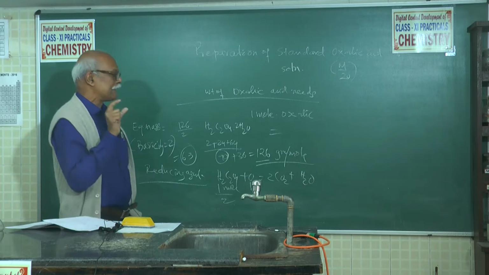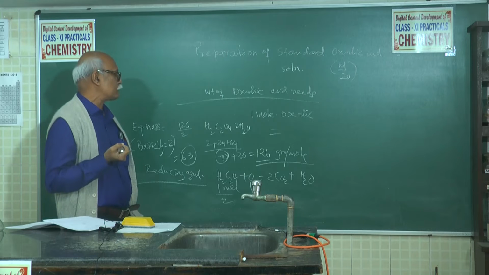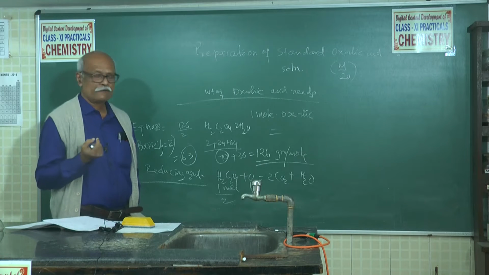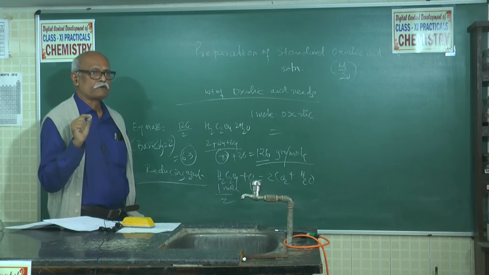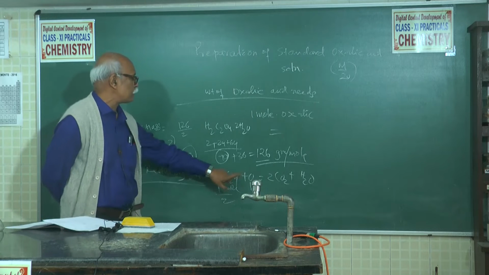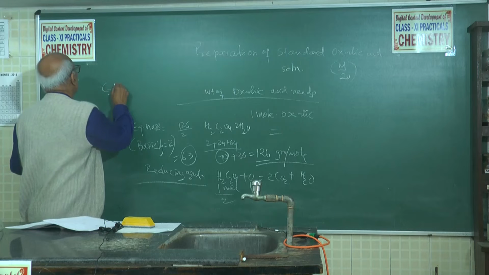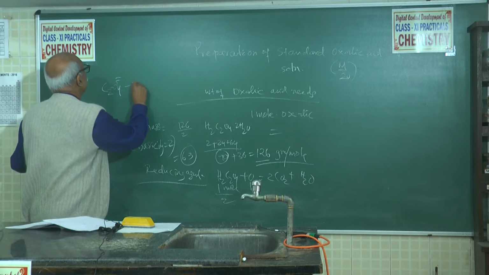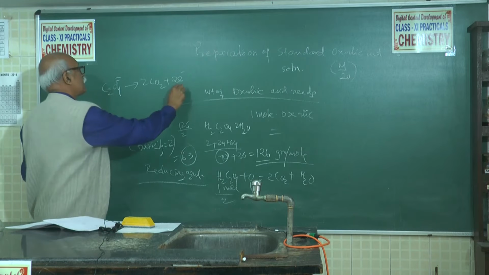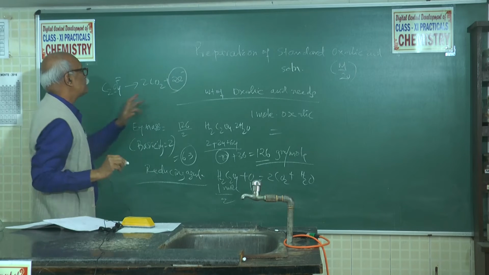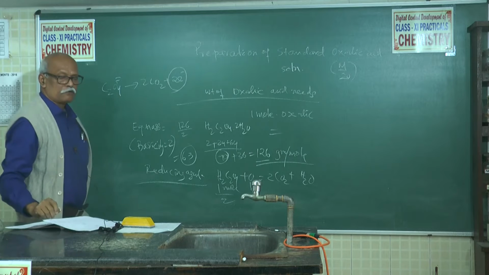So whether oxalic acid is behaving as an acid, the equivalent mass is half the molar mass, and if it acts as a reducing agent, as in the case of potassium permanganate, that also is molar mass by 2. You can also calculate it: oxalic acid gives 2 carbon dioxide plus 2 electrons. As the number of moles of electrons is 2, molar mass by 2 is equal to its equivalent mass.